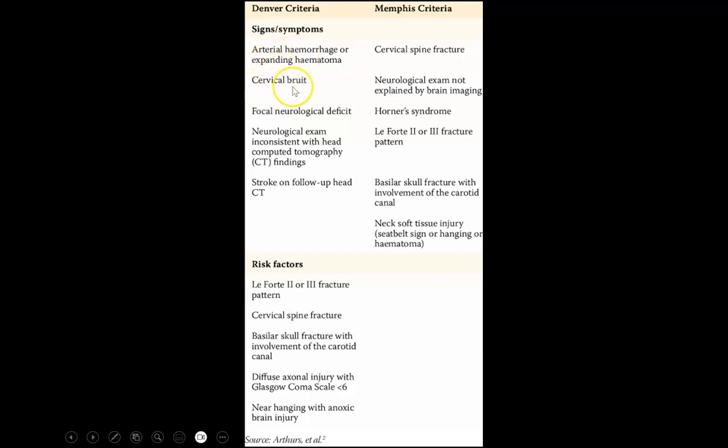If you have a cervical bleed, if you have a focal neurological deficit not explained by the injury, and the neurological examination is not consistent with the CT finding, not explained by the brain, or you have a stroke, of course you have to do an angiography. Cervical injury followed by stroke.